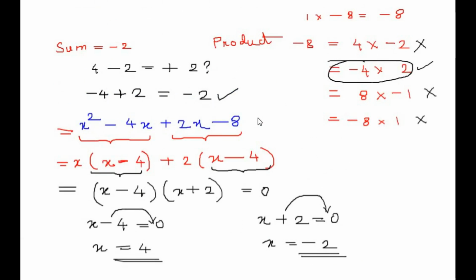Now let us move on to the second part of this question. Again, we have to find the zeros of this polynomial and verify the relationship between the zeros and coefficients. So let us take 4s square minus 4s plus 1 equal to 0, because we have to find the zeros of this polynomial.